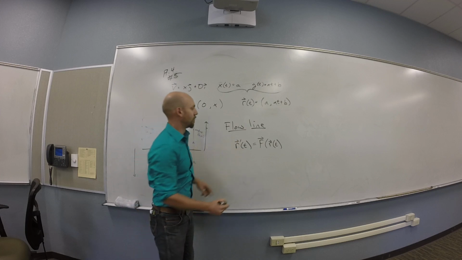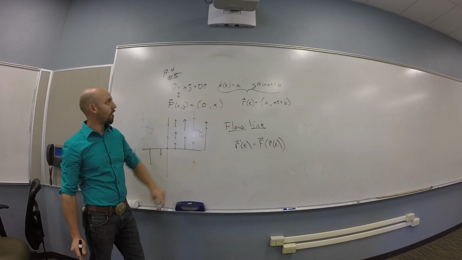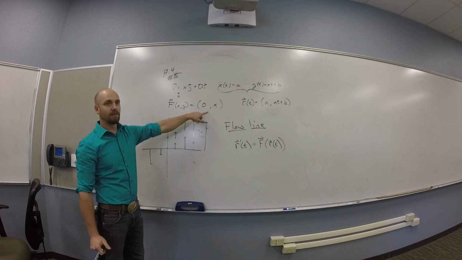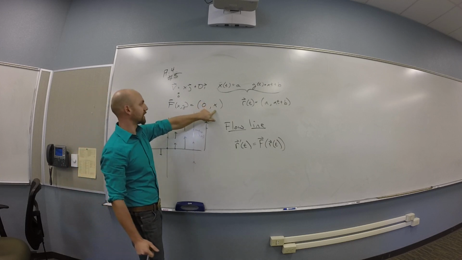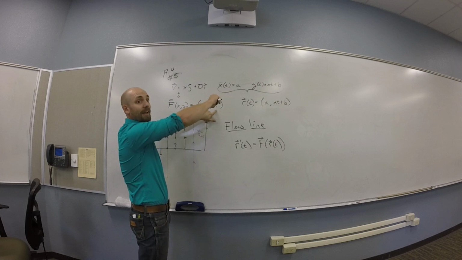Okay, so, oops, I lost a parenthesis. So what's f of r of t? It'd be 0, x. It's this thing evaluated at those guys. It'd be t, a.